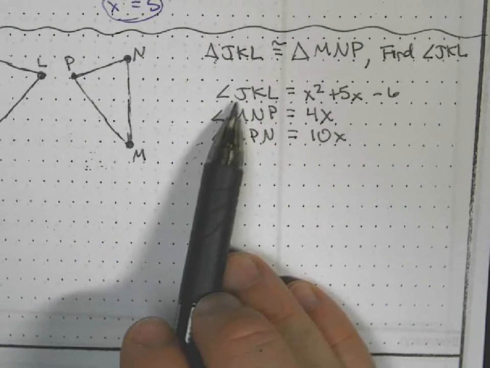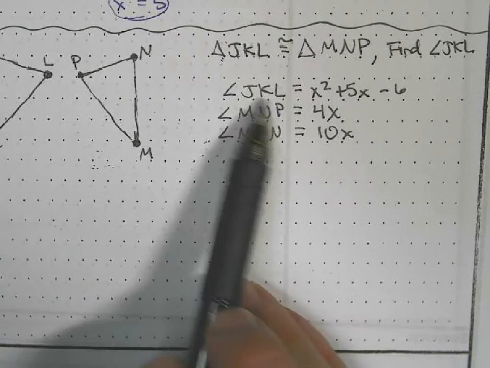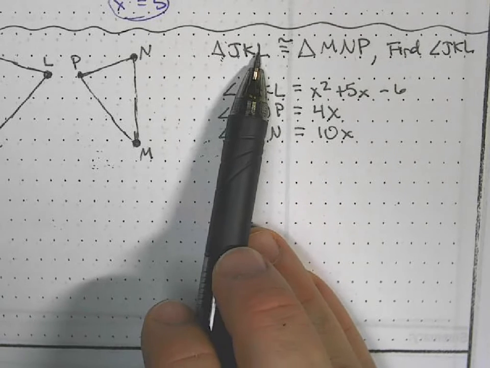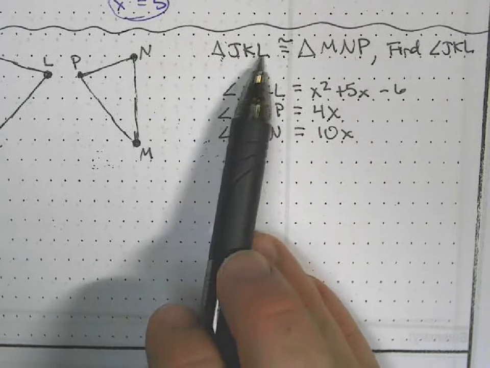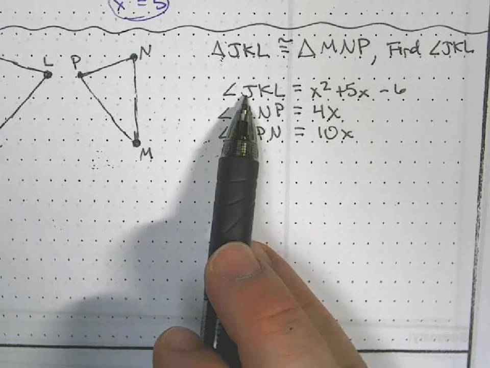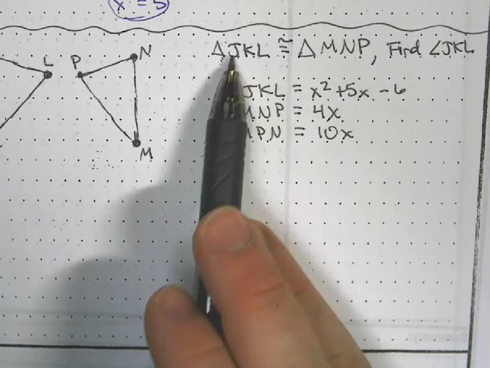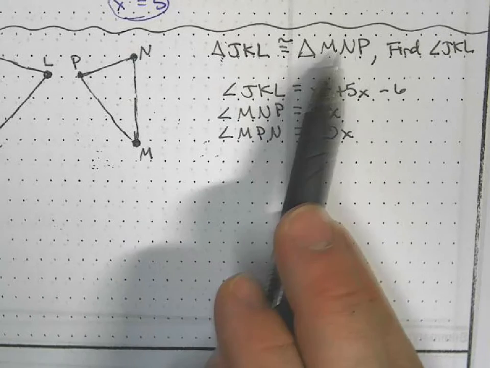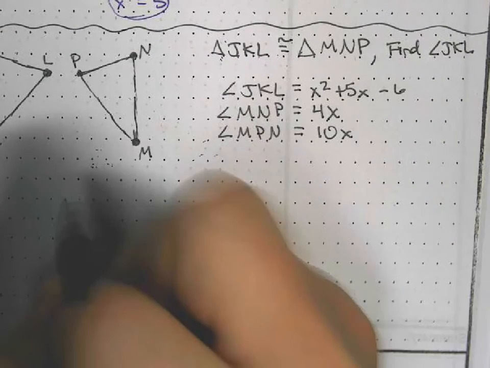So we want to find what angle JKL equals. So angle JKL, using that same order, is going to be equivalent to angle MNP. That order matters. So since I'm looking for this order, JKL, I'm going to use the same order on my other triangle, MNP, just like that.